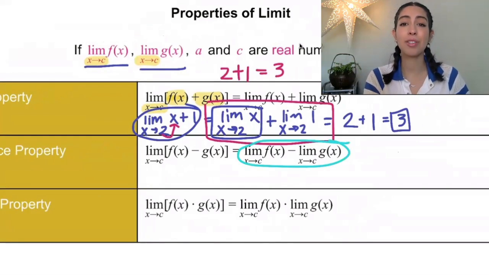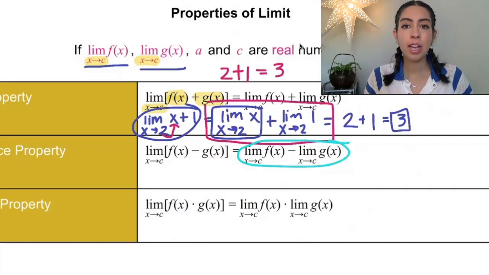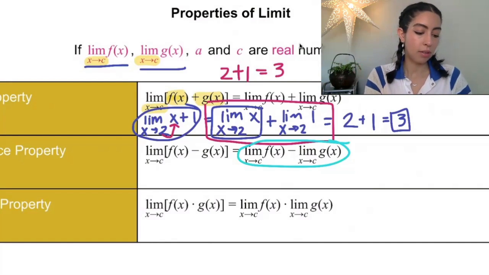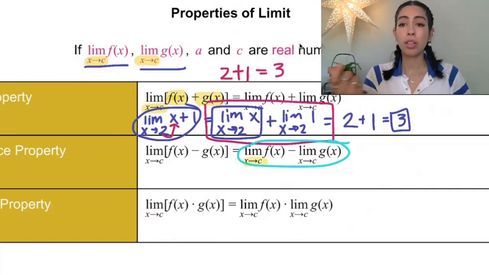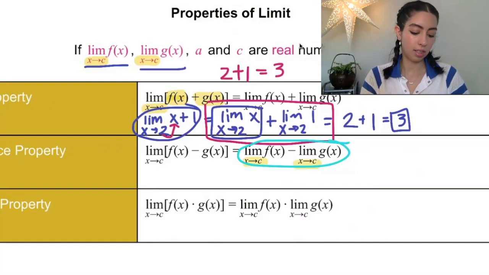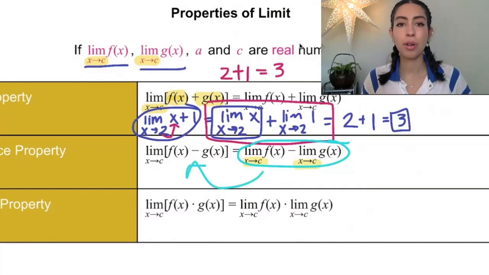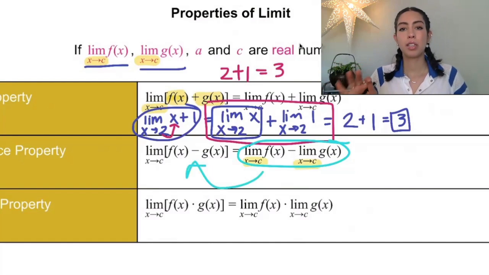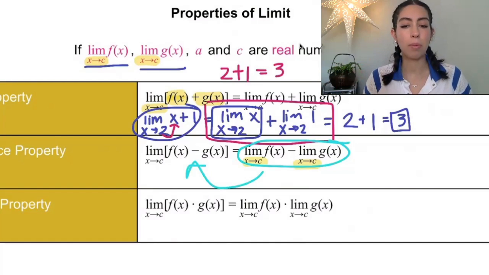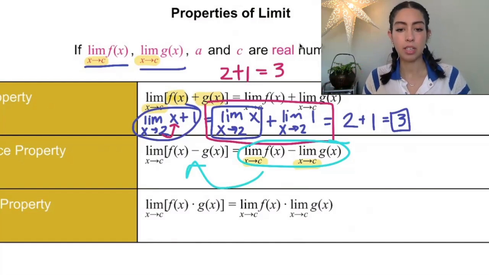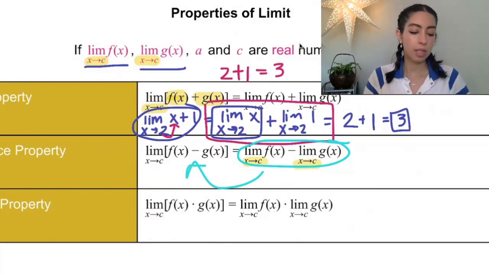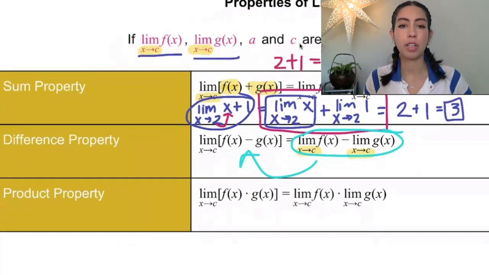So that means if you have two different limit problems that you would like to subtract and they have the same x value that you are approaching, you could combine them technically and go this route. So that's another useful way these properties will come in handy. So we have the difference property, and then we have the product property.